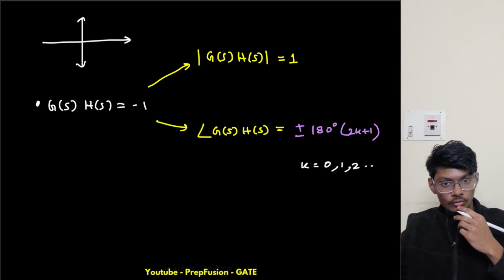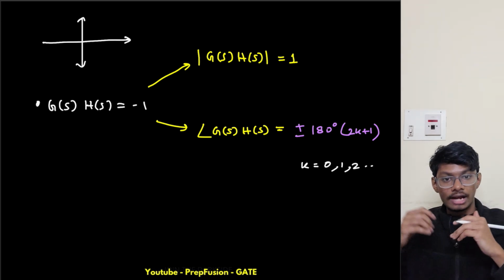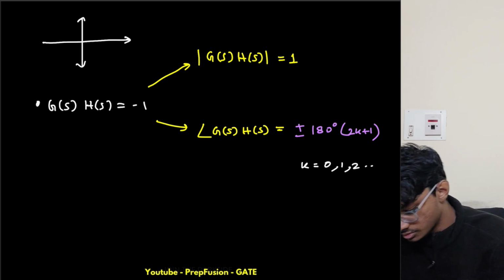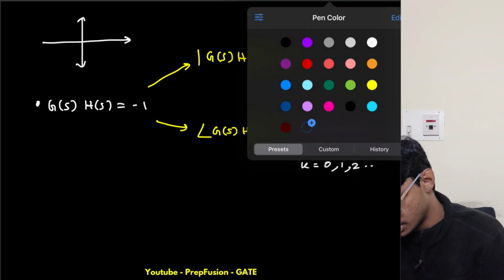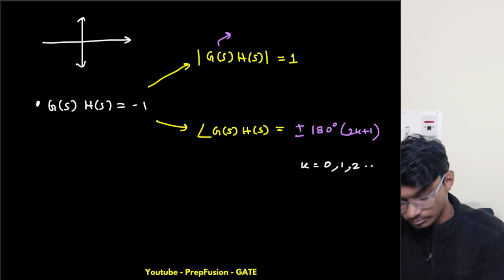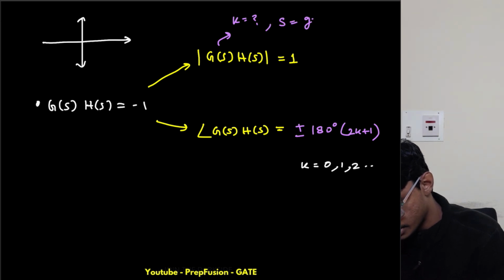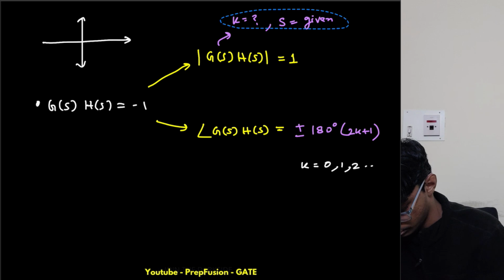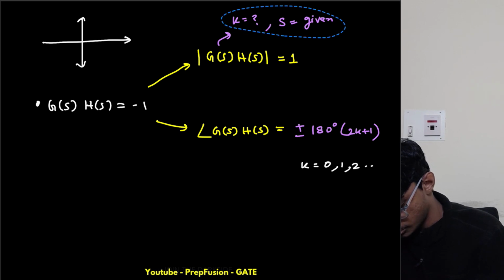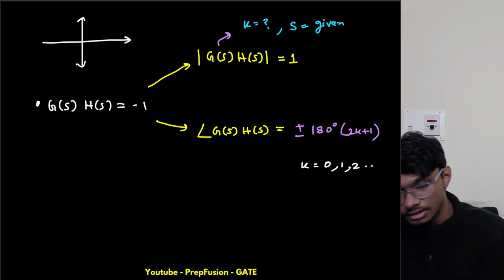What we do is, if the question tells us that some point s lies on the root locus and we have to find the value of k, for that case we use this condition, basically this relation. K is the unknown and s is given.